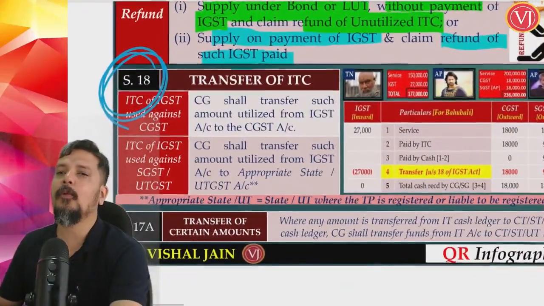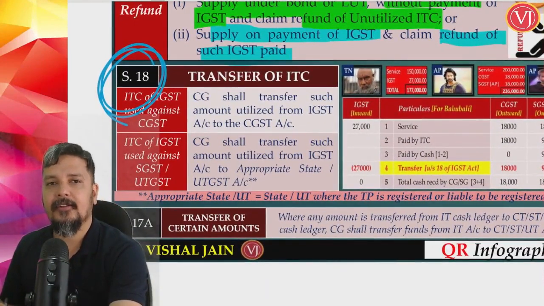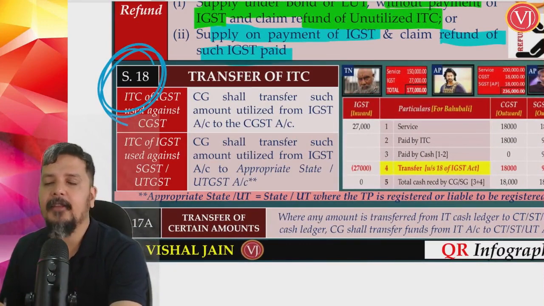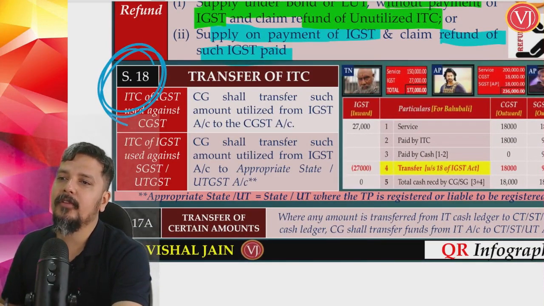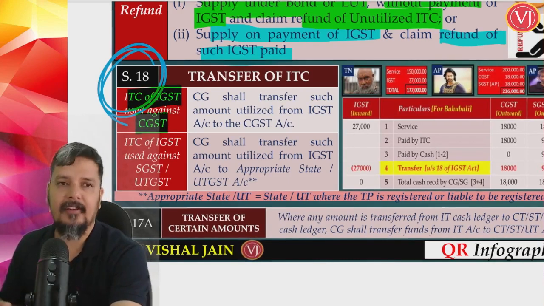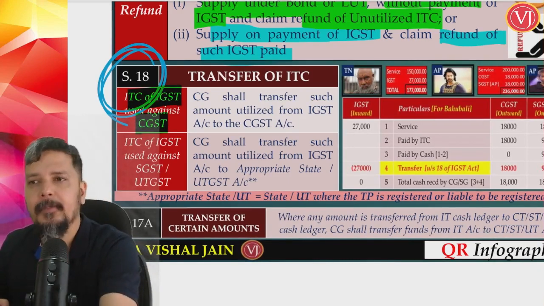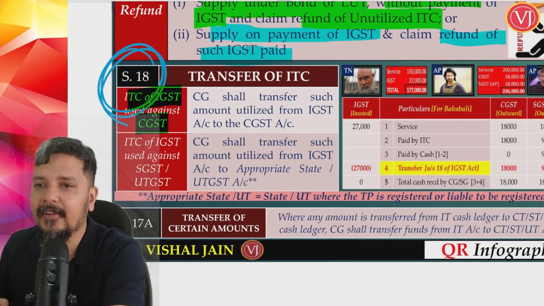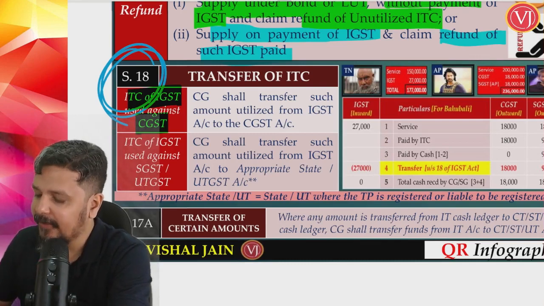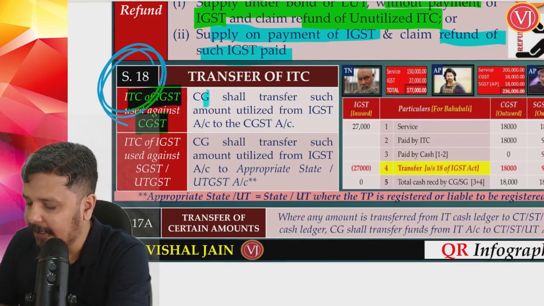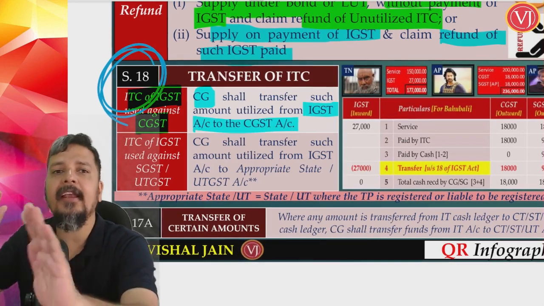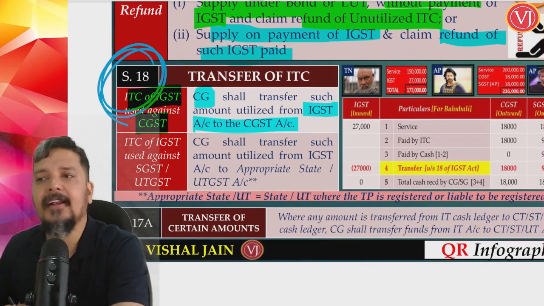When you are paying your output tax by using the credit, at times you'll use IGST credit for paying CGST. See, IGST will be with the central government but acting as custodian. If IGST credit is used for CGST tax, then finally that amount the central government was having in the account of IGST will be permanently given to the central government account.